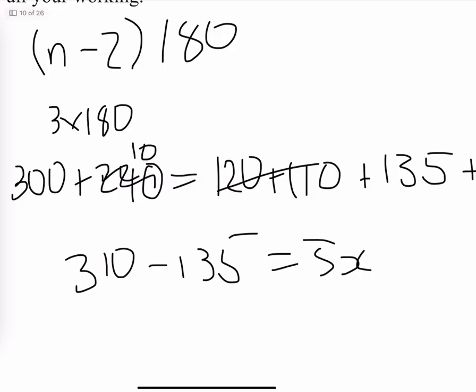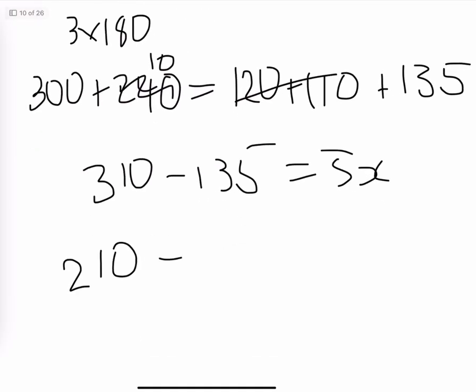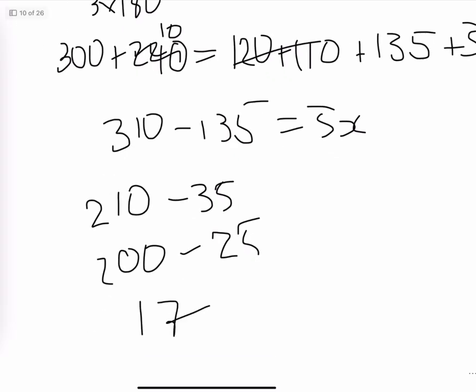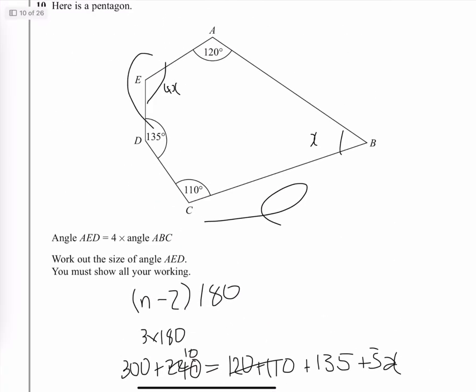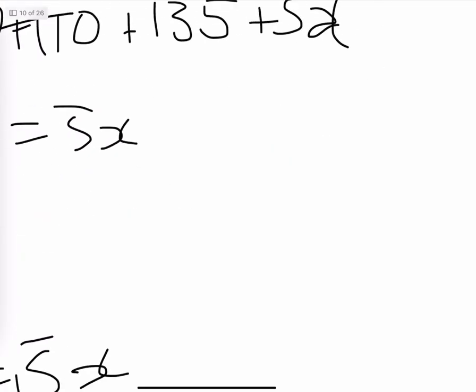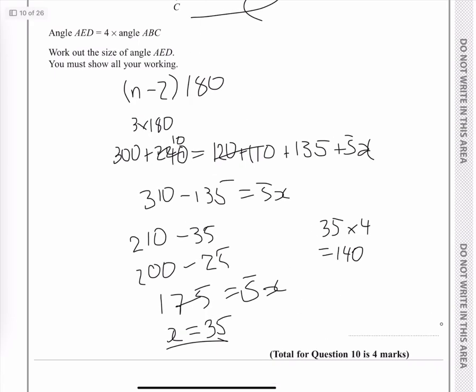So that's 210 minus 35, 200 minus 25. So that's 175 equals 5x. X equals... What would x equal? 35? Are we looking for x? No, we are looking for this angle, which is 4x. So we then take 35 times 4 to get 140 degrees.